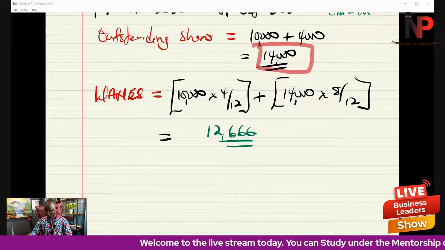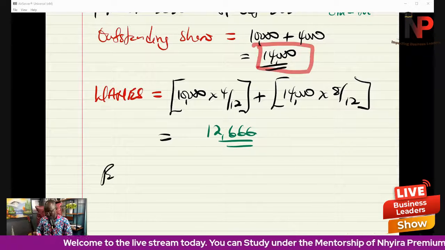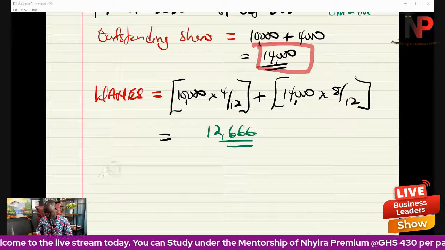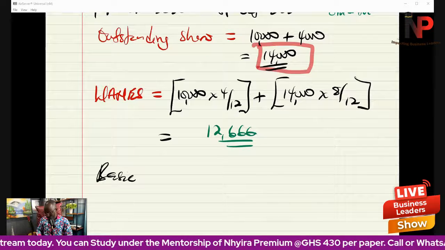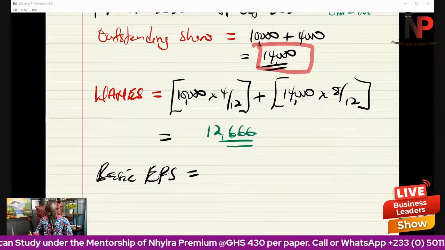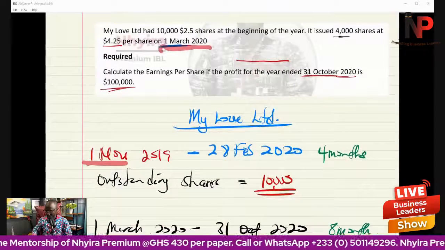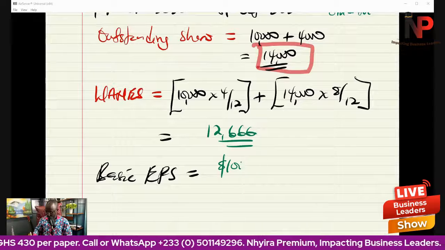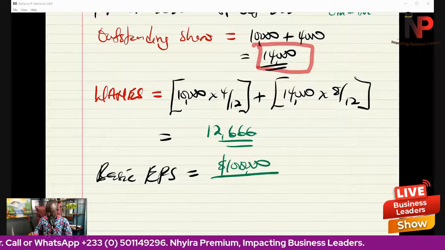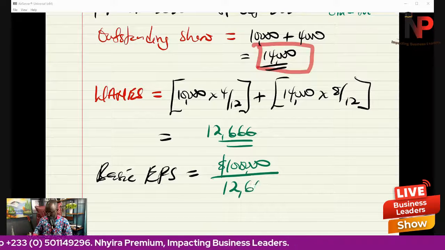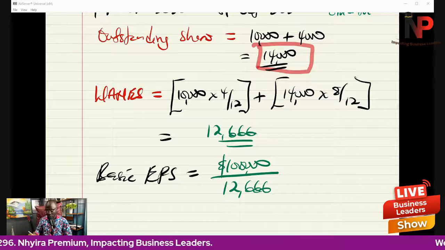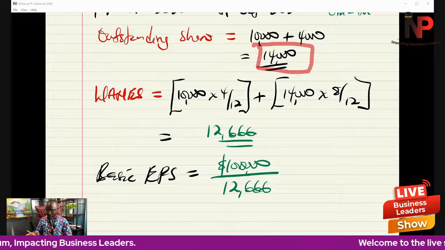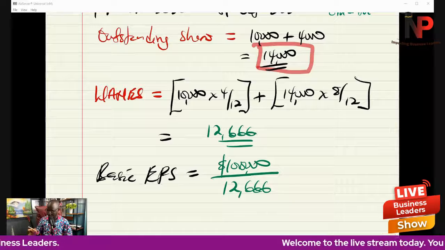So based on this premise, basic earnings per share would then be equal to the profit, which is the $100,000, divided by 12,666, and that will give us our answer for the period under review.